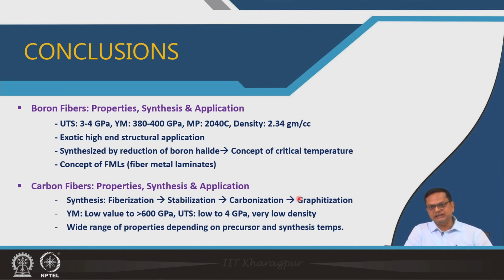Basically, initially we discussed boron fiber: its properties, synthesis and application. In case of boron fiber, the UTS is extremely high, in the range of 3 to 4 GPa, modulus in the range of 400 GPa, and the melting point again very high, above 2000 degrees Celsius.